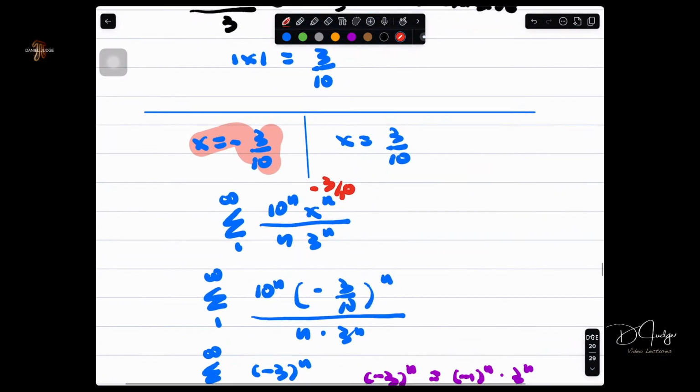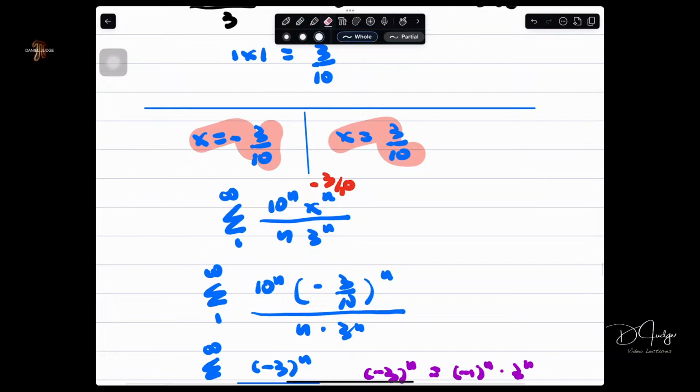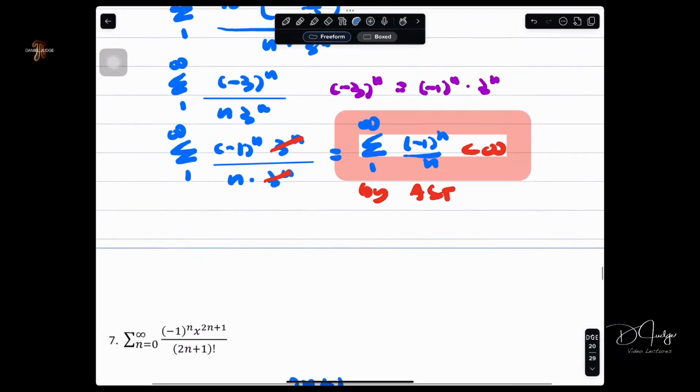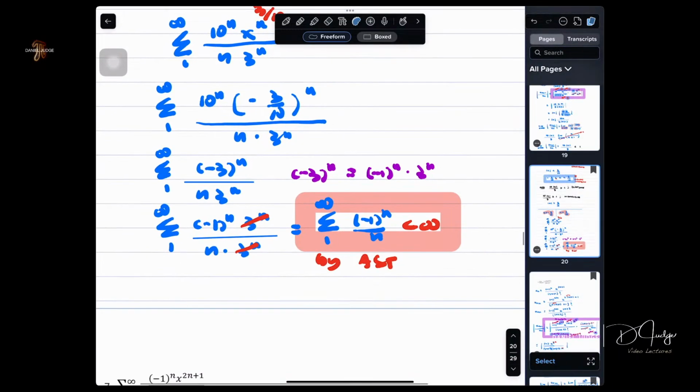We're now going to do the same with x being positive 3/10. So we change that to a positive 3/10 for x. Plug that in and let's see what happens.